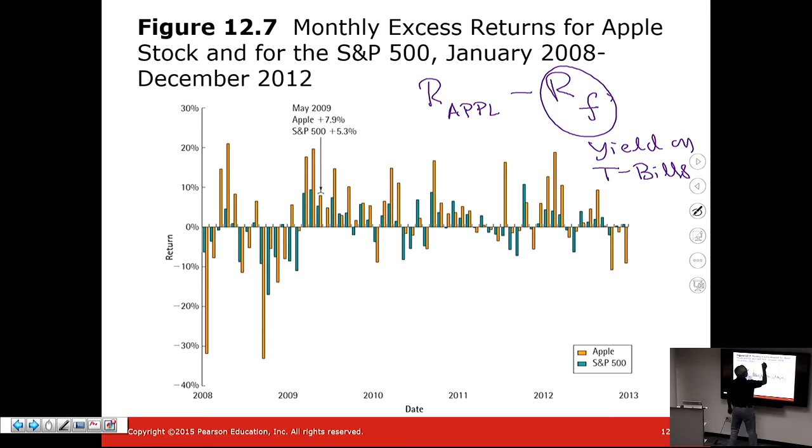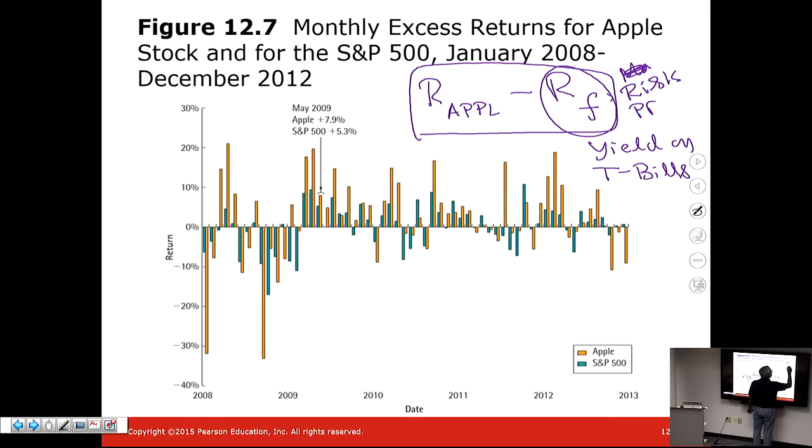So excess is the return on the stock above the T-bill yield. Sometimes we can also describe this as the risk premium. It is the additional compensation that you receive for the stock above and beyond the risk-free yield.